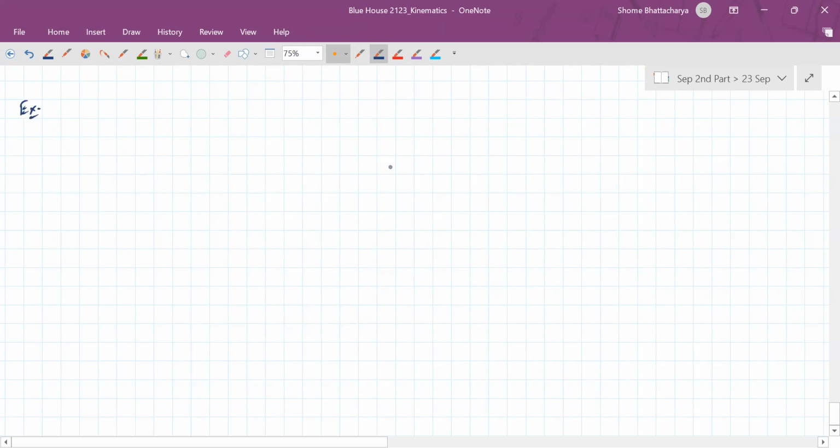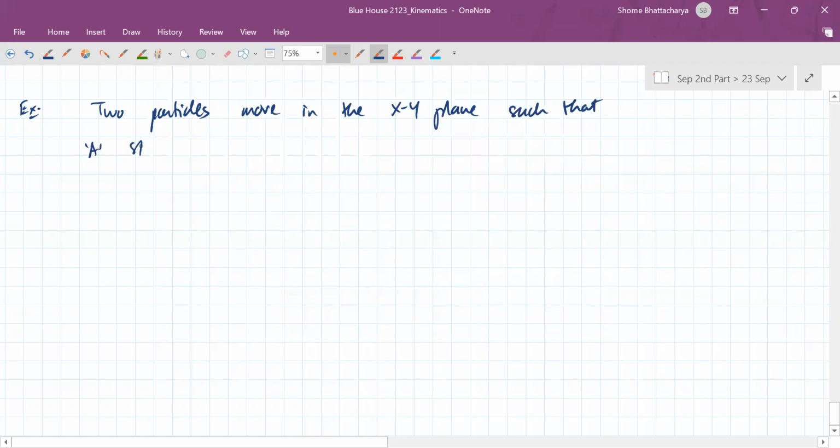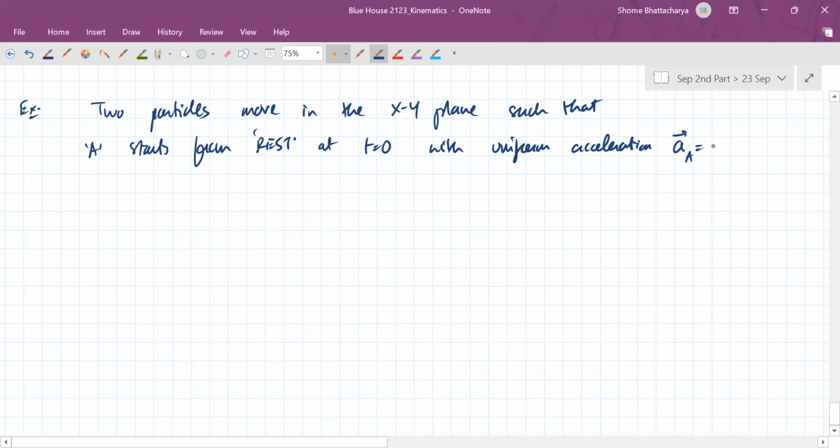So next, let us look at an example like this, where two particles move in the xy plane such that A starts from rest at t equal to 0 with uniform acceleration equal to 2I cap.